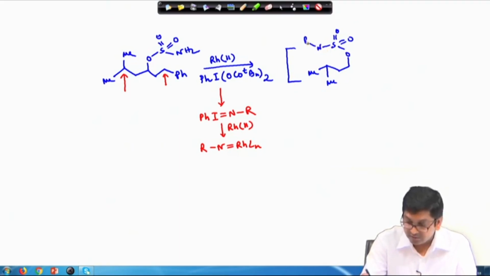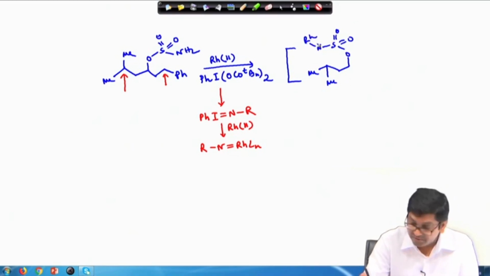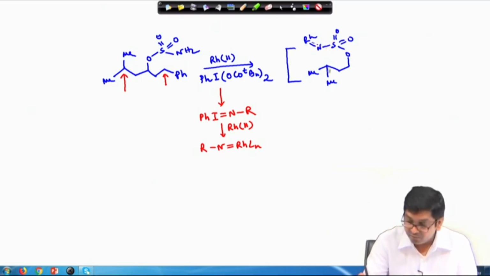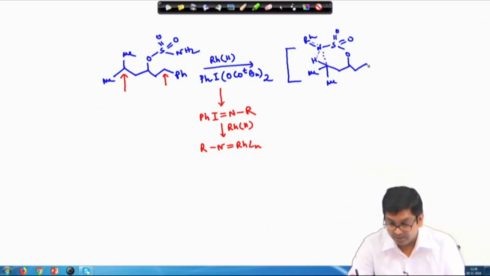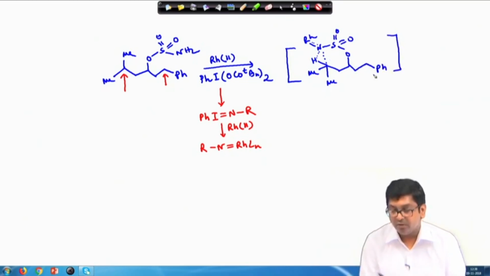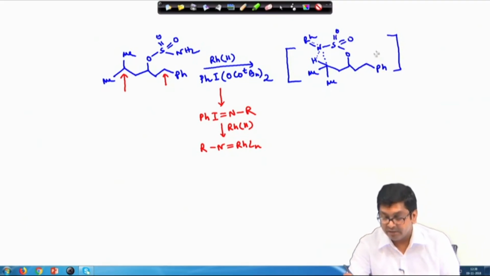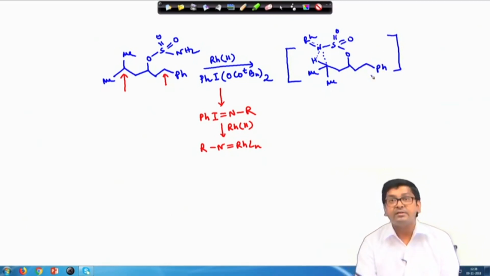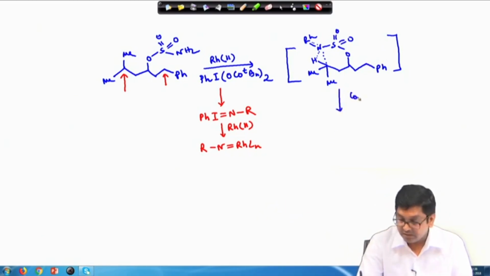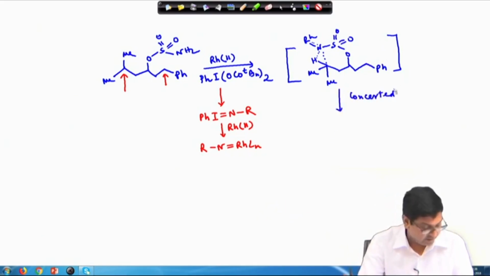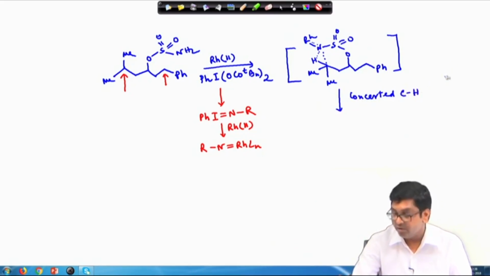so this is the nitrenoid species. Okay. Now, have these carbon hydrogen bonds that can get inserted through this, okay. And then similar way it can be inserted into this place also, this benzylic place also. I am not showing both, but now this is the concerted carbon hydrogen insertion of metallonitrenes or nitrenoids.